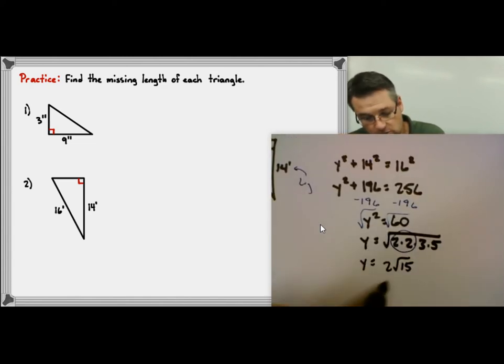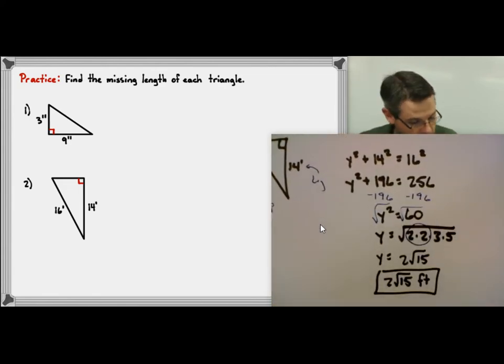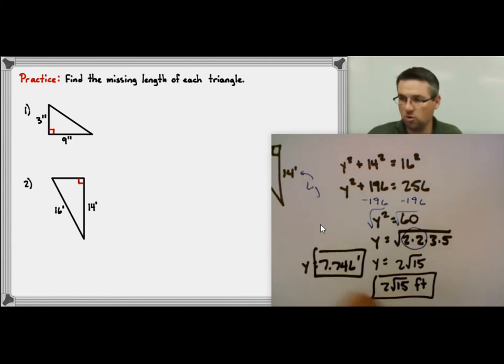So our final answer here would be 2 radical 15 feet, because the 1 dash means feet here, okay? If I want the decimal version of this, we would type in the square root of 60, which is 7.746 feet. So decimal form, radical form.